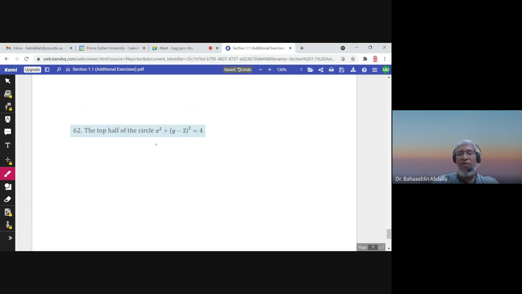The top half of the circle. If you solve this equation for y, y minus 2 would be plus or minus square root of 4 minus x squared. If you take 2 to the other side, then this is again the same equation, but it has plus or minus.